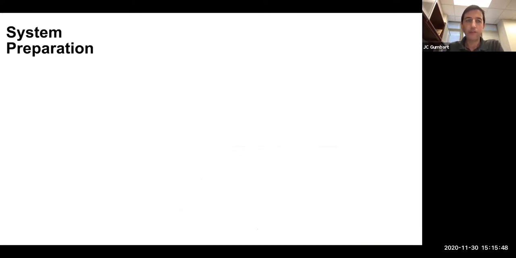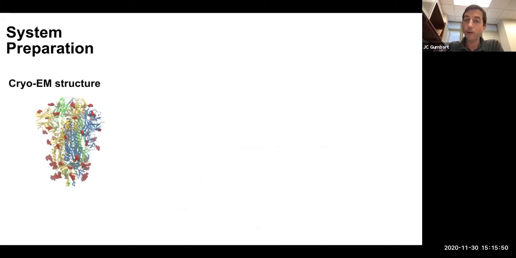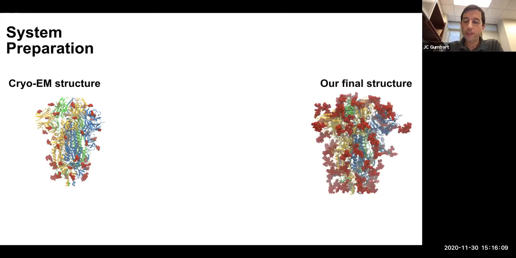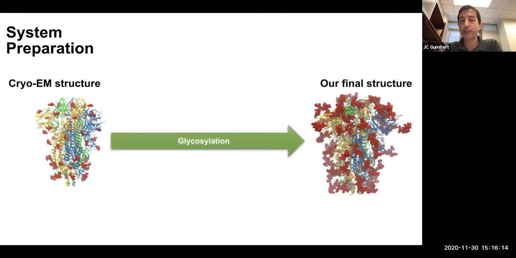So for preparing our systems, we had to go from these cryo-EM or X-ray structures, in which there are very few glycans present. Like I said, maybe just one per glycosylation site, because the glycans are relatively flexible and so they get washed out in the averaging. So we had to do an in silico glycosylation.